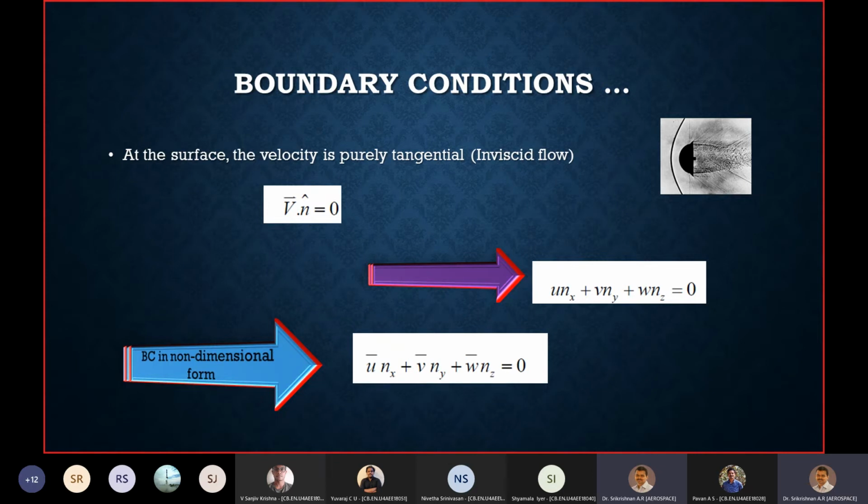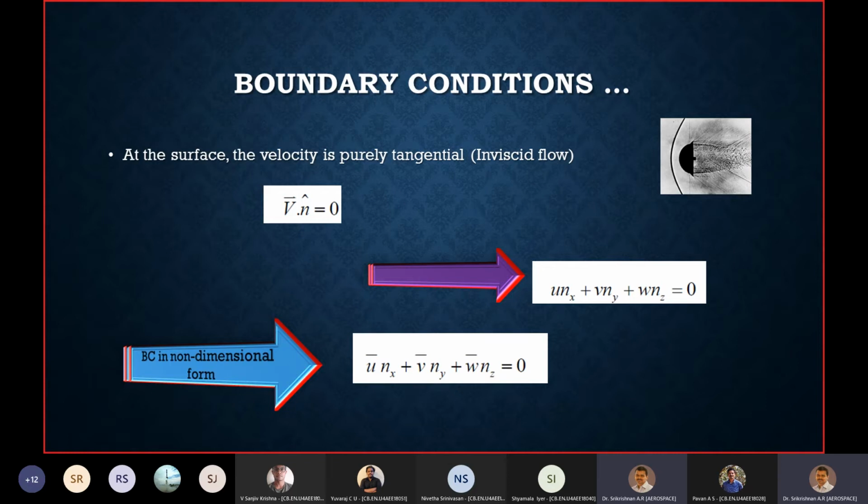So I can write it as v bar dot n, where n is the unit vector, equal to zero. It's a vector quantity. Now, using vector notation, it can be written in terms of the three components of v along x, y, and z: the x component being u, the y component being v, and the z component being w.